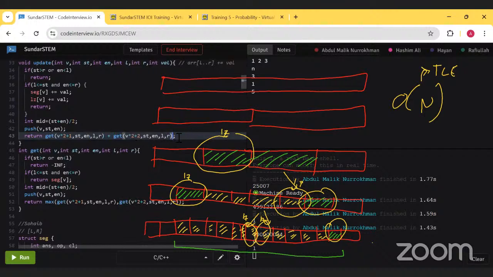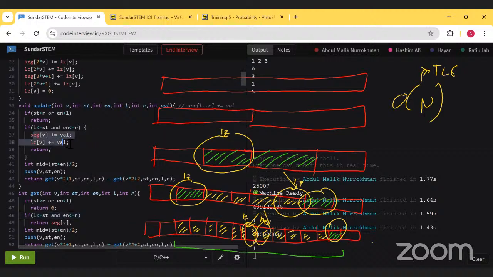We don't need maximum, but we need sum. So the formula is like this. And here the base value is just 0. And what will be updated? This is not just value, but what?